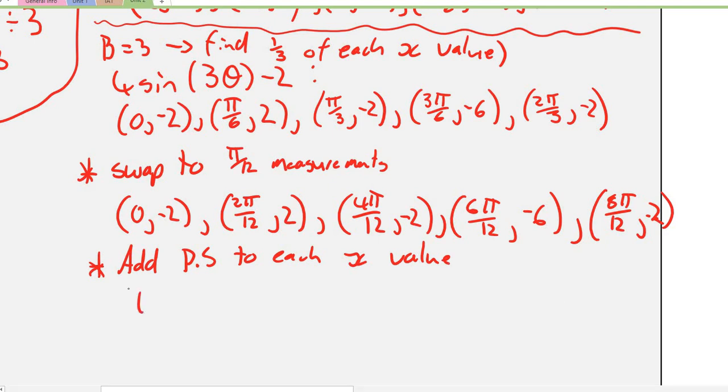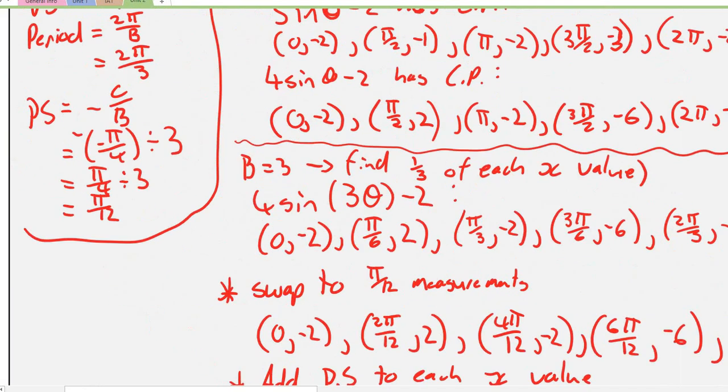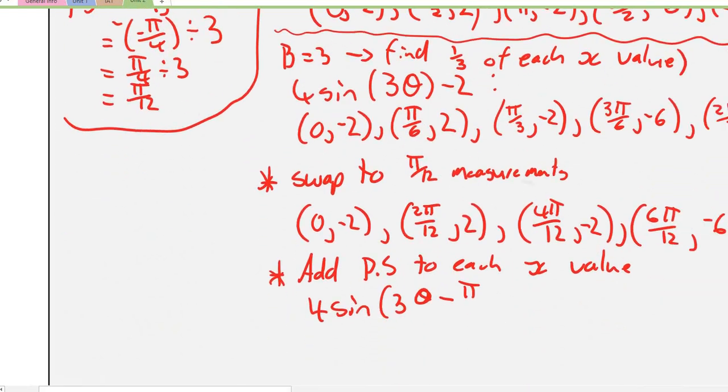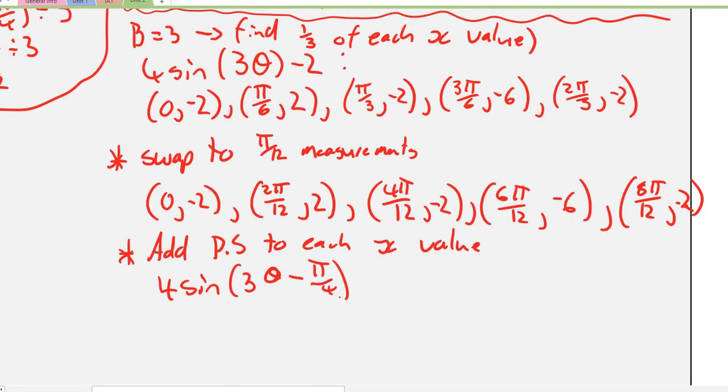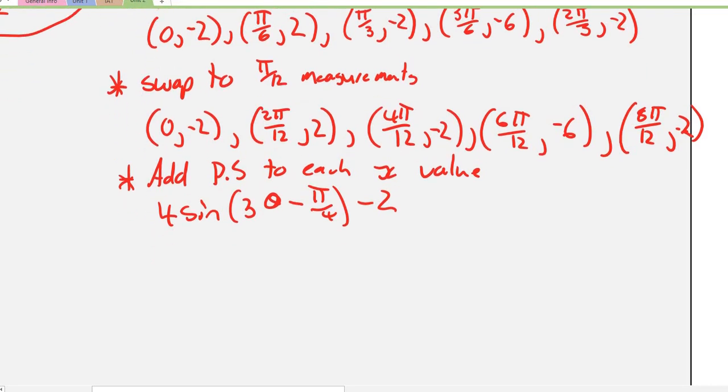So this is giving us the rule 4 sine 3 theta minus pi on, what was it? Pi on 4. Minus 2. So instead of starting at 0, what's it going to start at?